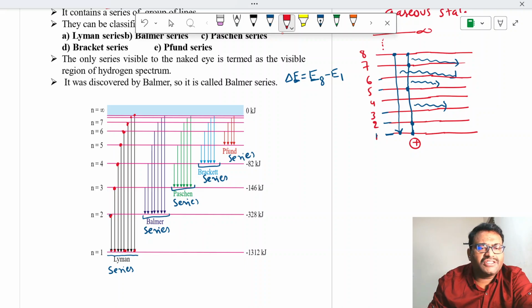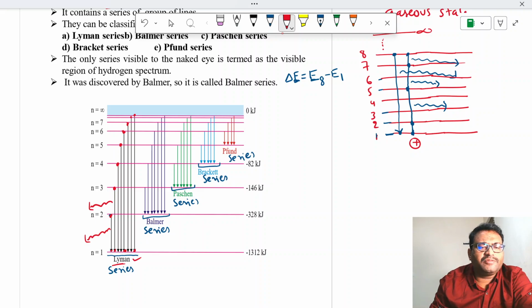So if the electron is de-exciting from a higher energy state directly to the first energy state, whatever spectral lines are produced, the energy released when it is de-exciting is released in the form of a spectral line. All those series of spectral lines were discovered by Lyman, and those series are called the Lyman series.